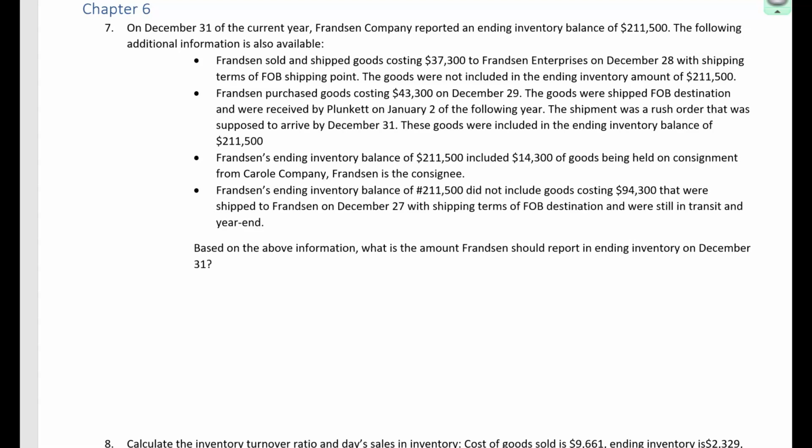Okay, so I'm going to underline some key information. First of all, on December 31st, the ending inventory is $211,500.